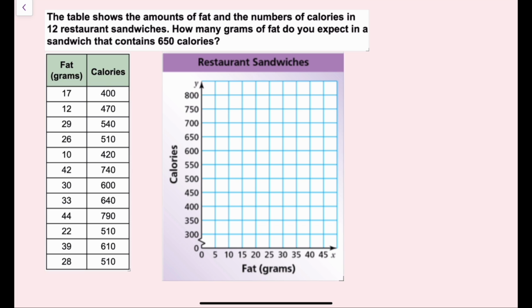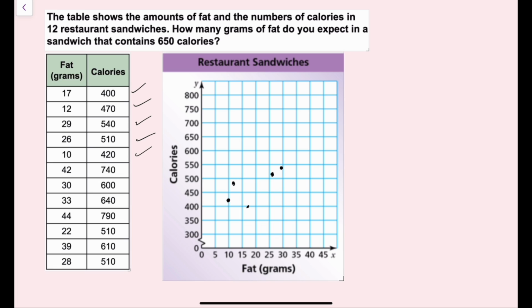So I have 17, 400. And then I have 12, 470. Somewhere right there. Then I have 29, 540. Then I have 26, 512. And just as a reminder, these are not going to be super perfect, but they're going to be very close. Anyway, next I have 10, 420.